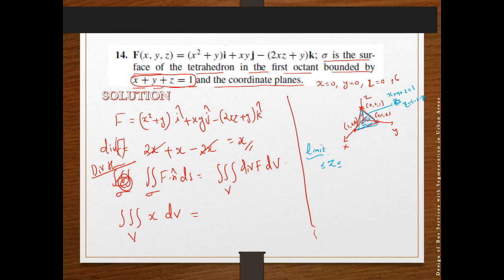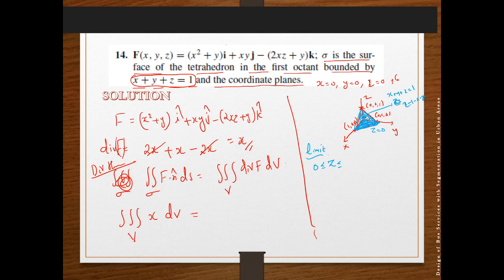While integrating a triple integral, first we will find the limits of z. That means the upper surface and the lower surface. What is the lower surface? z equal to 0. And what is the upper surface?